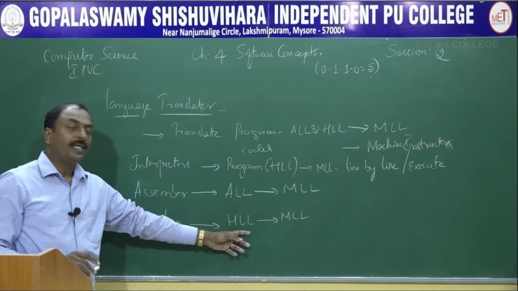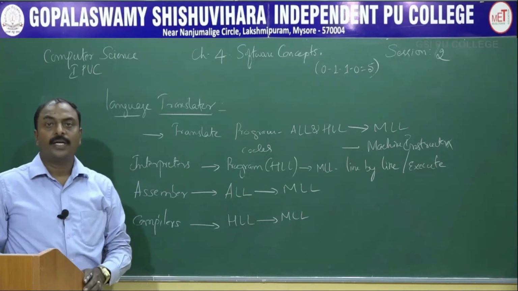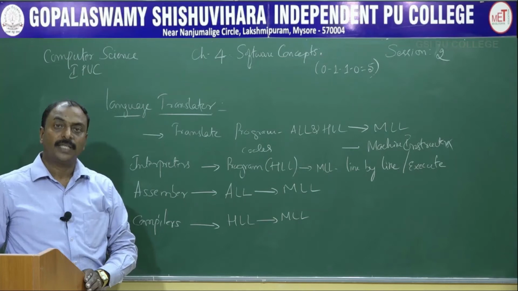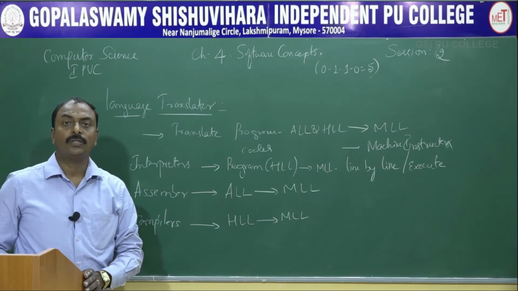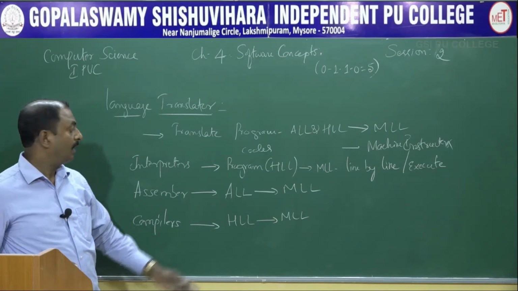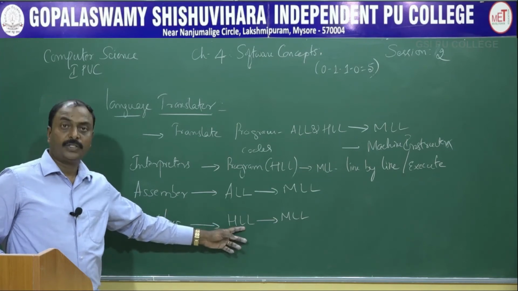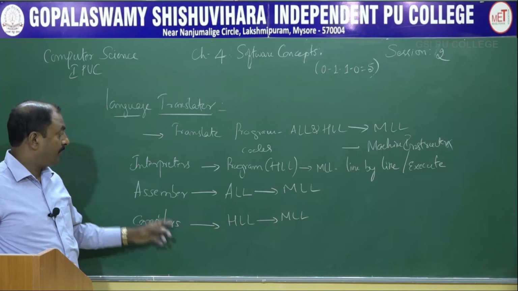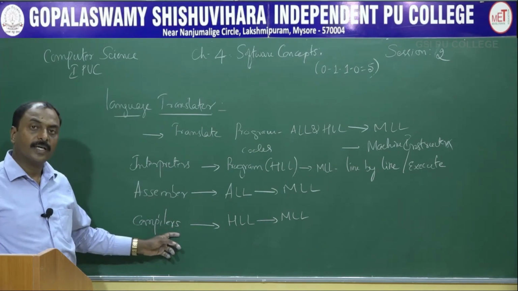It compiles the entire program at once and executes it once. For example, if your program has 10 lines, it converts all 10 lines of instructions at once and executes all instructions simultaneously. That is the difference between interpreter and compiler.